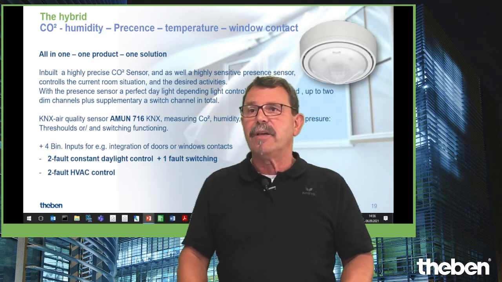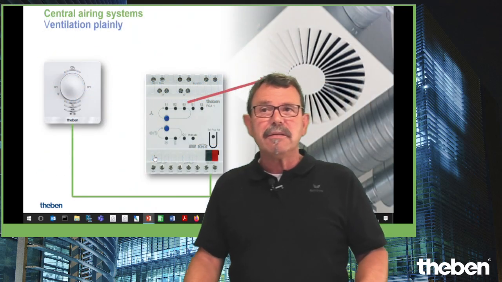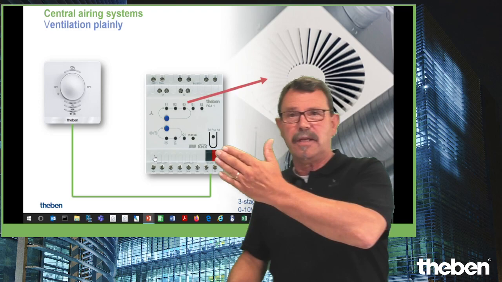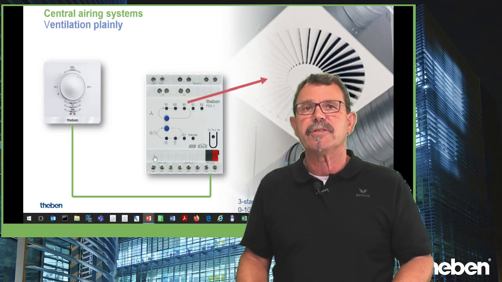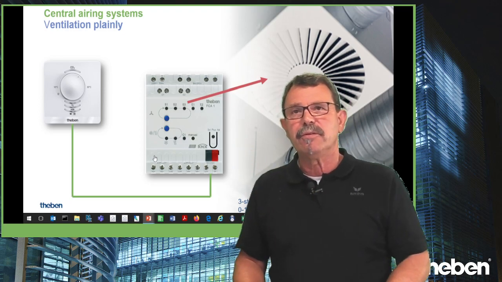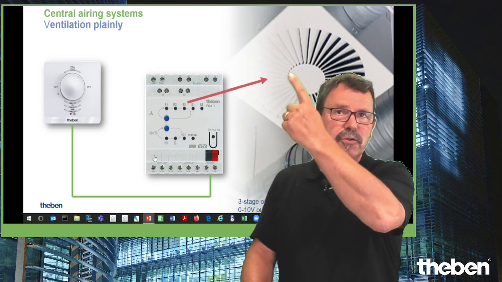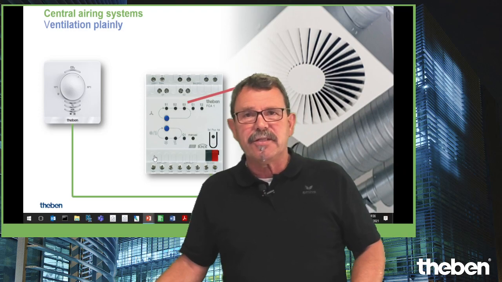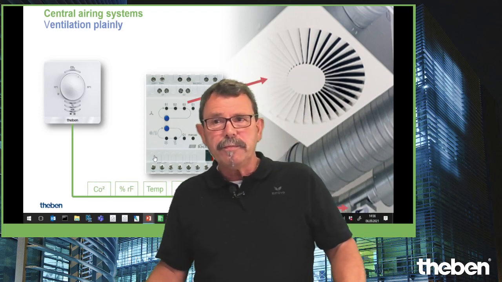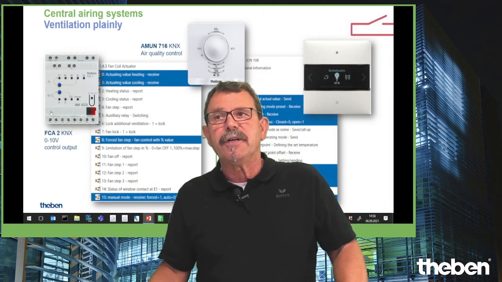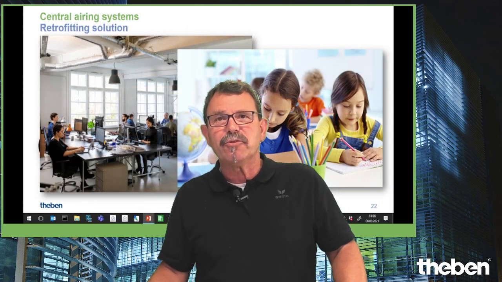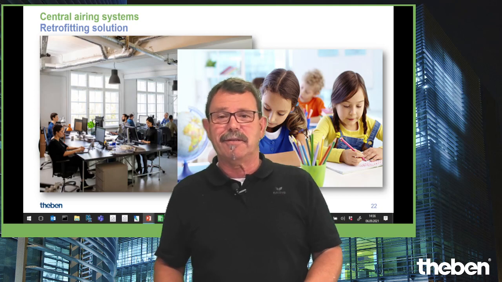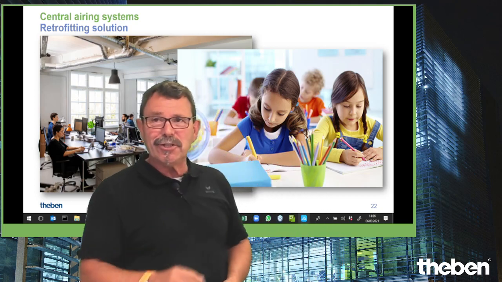And then finally you need an actuator, as mentioned, either for the more professional or industrial solutions, so we use the FCA1 to control, for instance, these fans, or we can do the perfect solution for the retrofitting, especially for these subsequent generations.